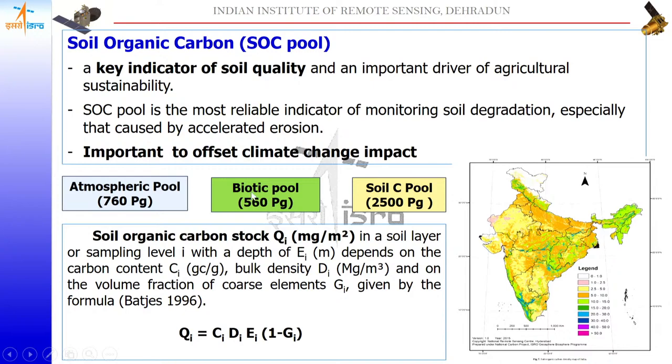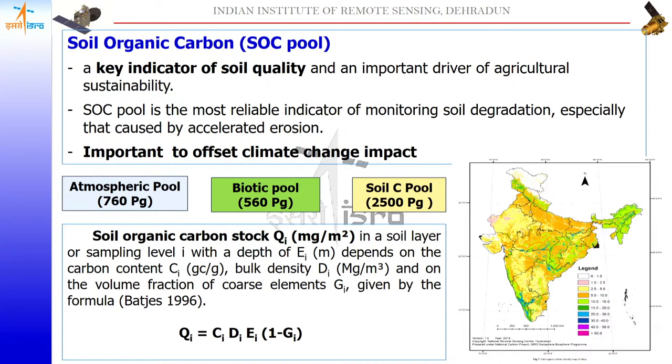The vegetation mass present on the earth's surface globally is 560 petagrams. And the total carbon present in the soils of the world is 2500 petagrams. That means there is more than 5 times as much carbon in the soil as in vegetation.